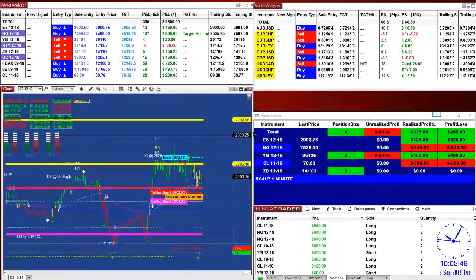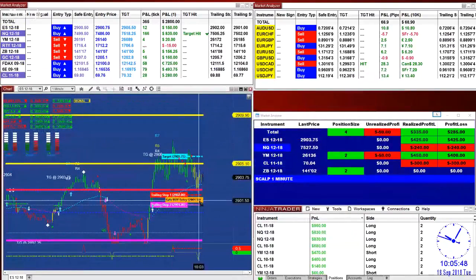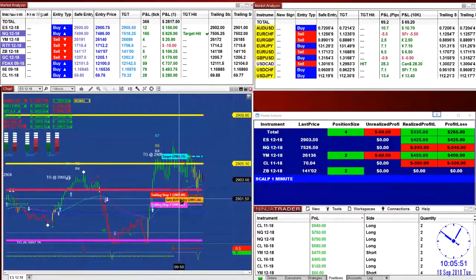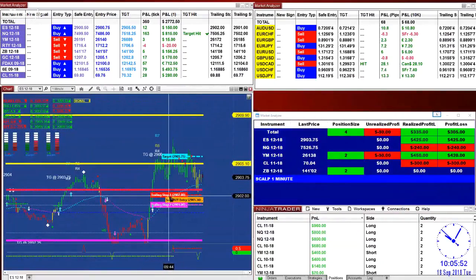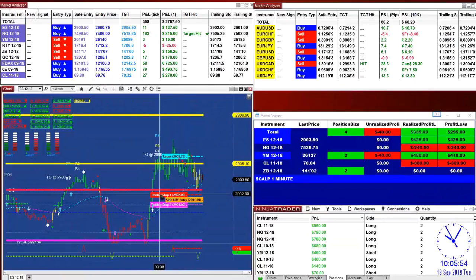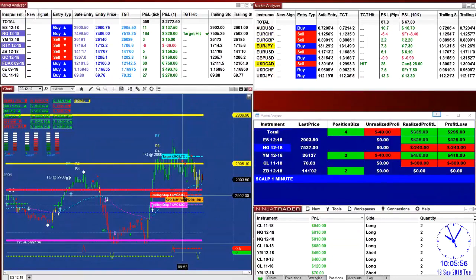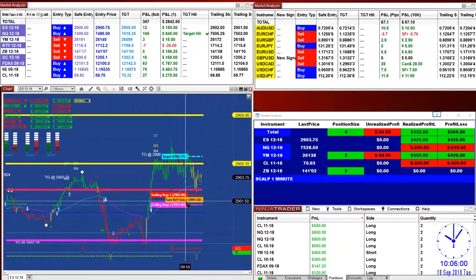Another thing on the pullback re-entry, the area here: the fully automated trade is a trailing stop one. The trailing stop one is based on floating fibs. This is a minor support area. This one here is a pullback re-entry.